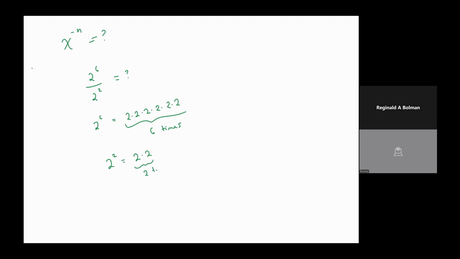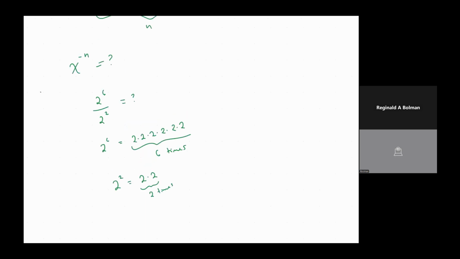That's according to just the basic definition of exponents. So if we rewrote this fraction, 2 to the sixth divided by 2 squared, on the top of our fraction, in our numerator, we should have 2 times 2 times 2 times 2 times 2 times 2. In our denominator, rather, we should have 2 times 2 just hanging out.